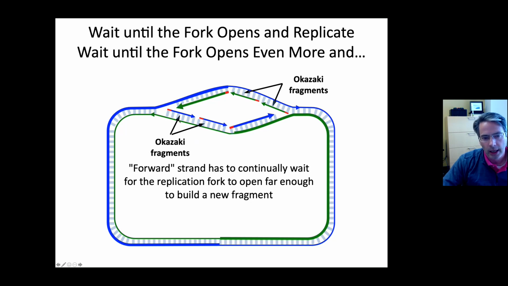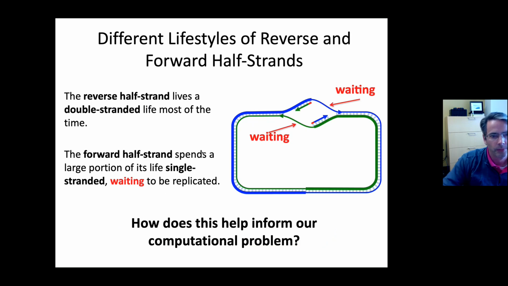And so that forward strand or lagging strand spends a lot of its time during replication as a single-stranded piece of DNA while it's waiting for it to open up and then stick in the next Okazaki fragment. So that part of the DNA on the forward strand is single-stranded for most of its life during replication.